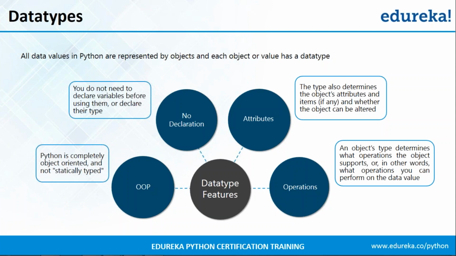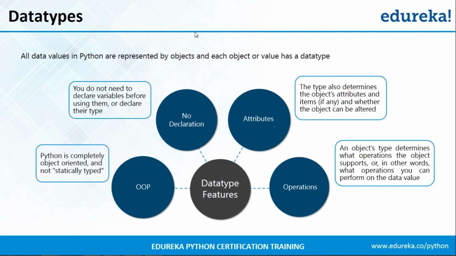It will determine what a particular operation would do to a certain kind of data type. And okay, so David is asking, is this operator overloading? Yes, you can think of it as an implicit operator overloading that is happening in Python.